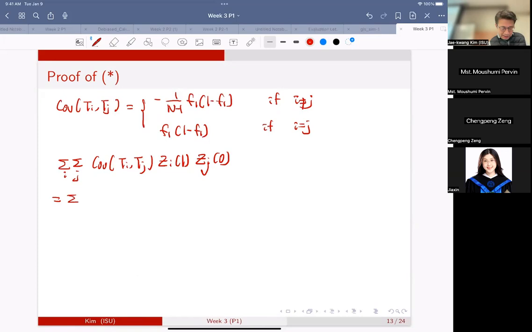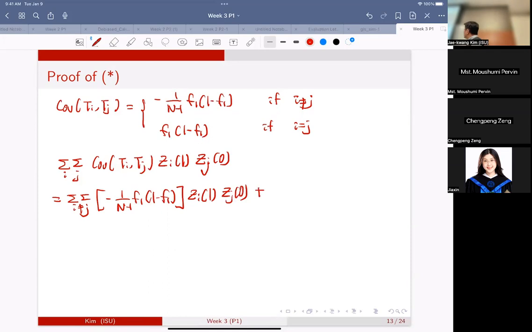When i is not equal to j, then we know that it is n1 f1 (1 minus f1) C_i, right? And then when i is equal to j, then the double summation becomes a single summation, first of all.